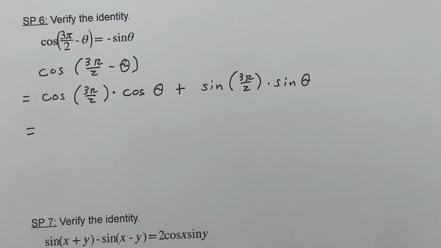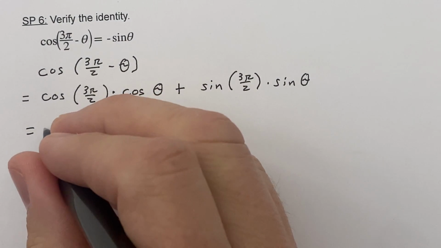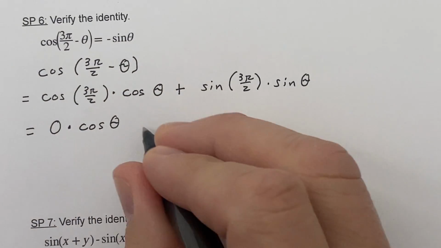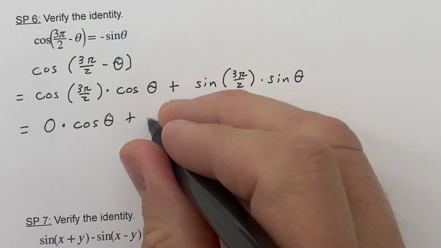Cosine of 3 pi over 2. 3 pi over 2, I believe, is down at 270 degrees, staying on the y-axis, therefore our x value is 0. The y value at 3 pi over 2 is negative 1.